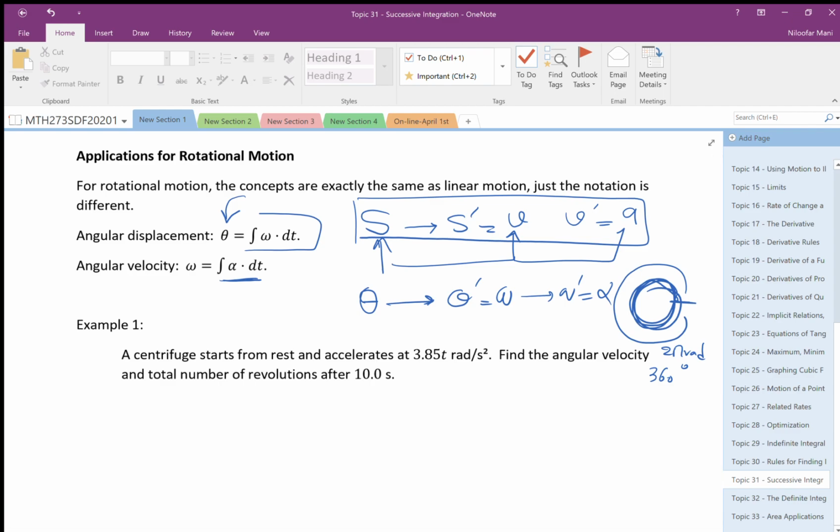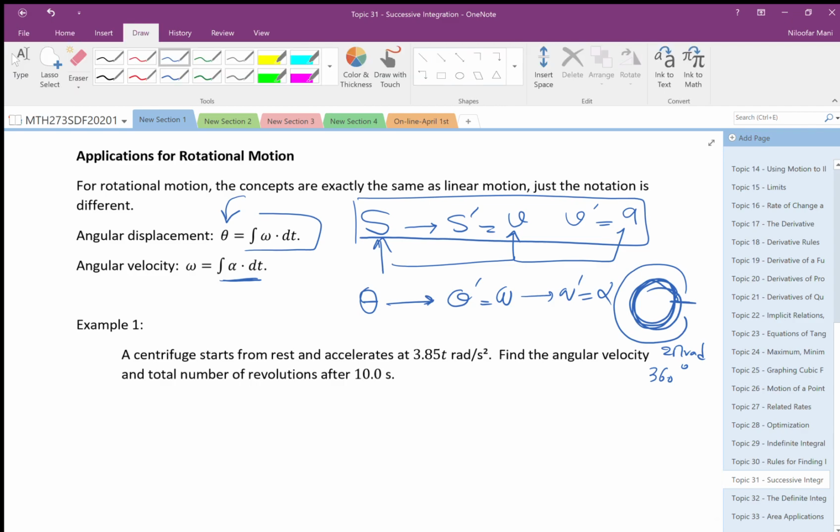Totally the same as the linear one. Now, as we did, if I do the integral, I can go back from acceleration to V, and from V to S. The same here.